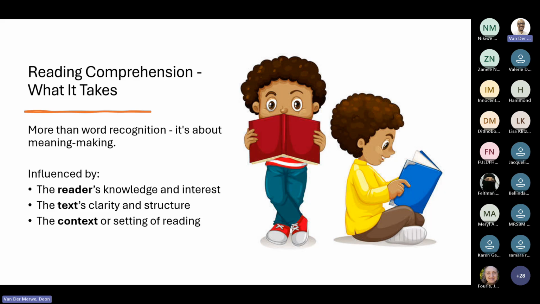And if the content matches what a reader already knows, reading is easier. If it's unfamiliar or conflicts with their prior knowledge, it is harder.